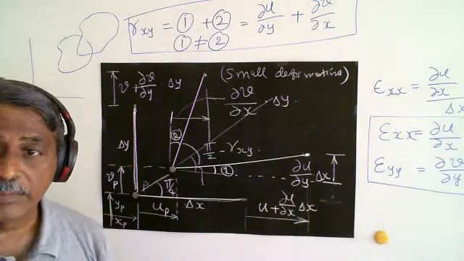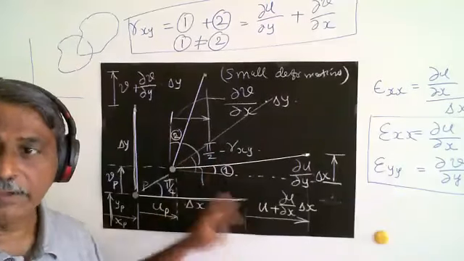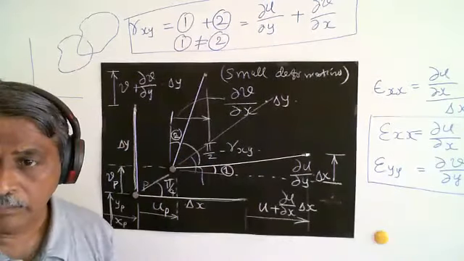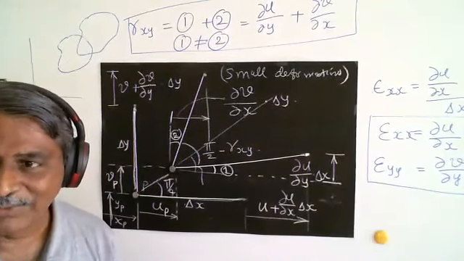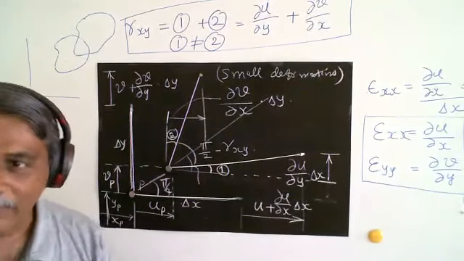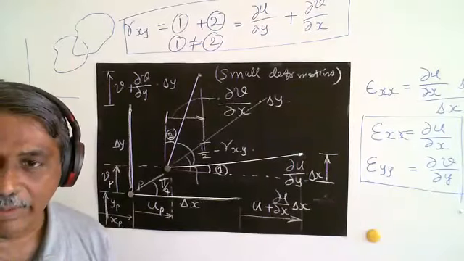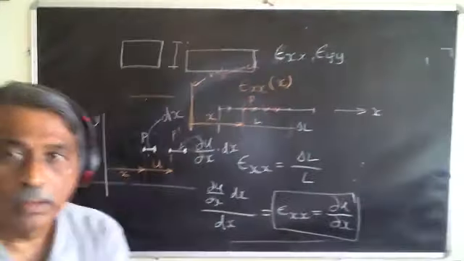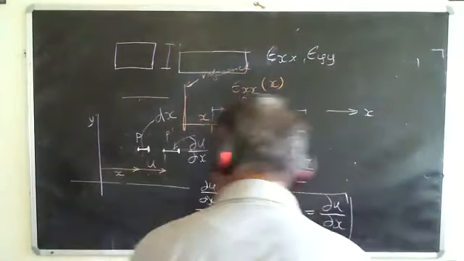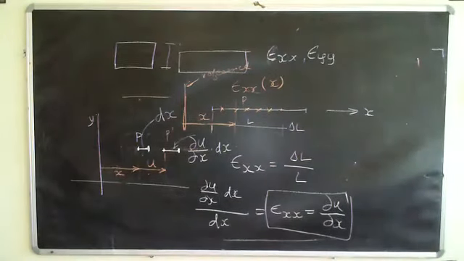For large deformations, we have to do it slightly differently. Take the advanced course, I'll teach you what it is, or probably separately, I'll be able to teach you. All right, let me move on now.